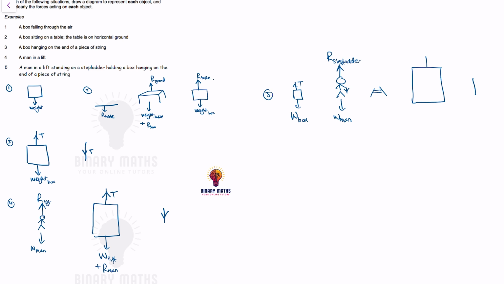The step ladder feels its own weight. Also, it feels the reaction, so the man pushing down on it, the reaction from the man. It also feels the lift pushing it up, so there's a reaction from the lift.